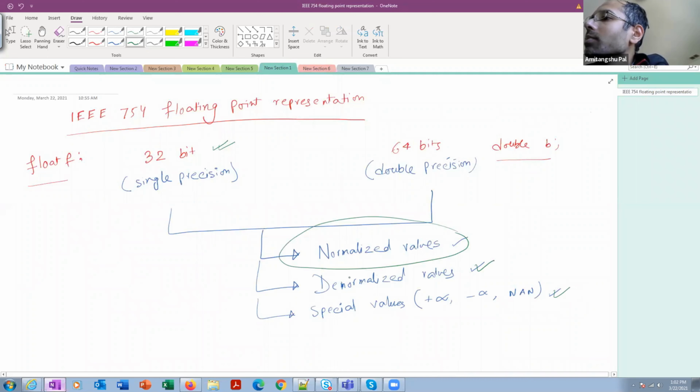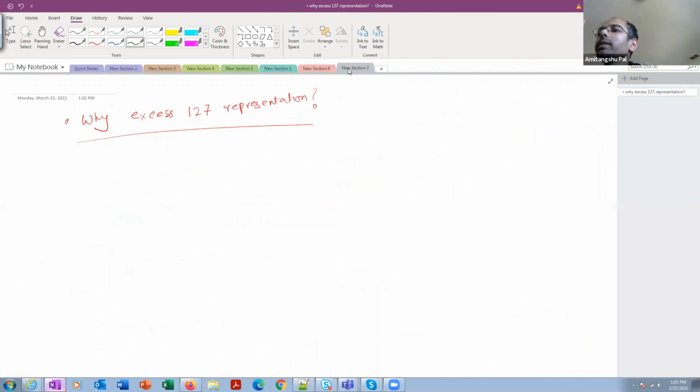When the exponents are all zeros, this represents a denormalized value. When exponents are all ones, this represents special values. For normalized values, the exponents are neither all zeros nor all ones. So whenever we are representing a normalized value, the exponent cannot be all zeros or all ones.